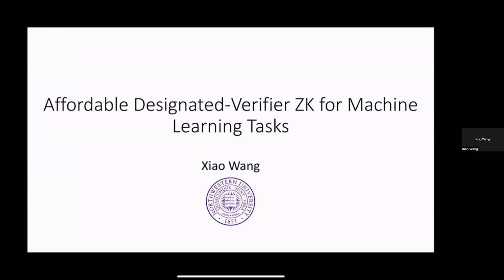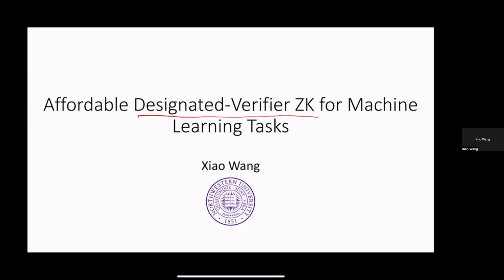So today I'm going to talk about a different type of zero knowledge proofs that is different from what people commonly see from public sources. This kind of zero knowledge proof is the so-called designated verifier zero knowledge. I'm going to talk about what it means, and its advantages and disadvantages.